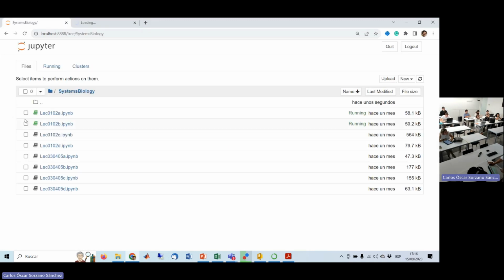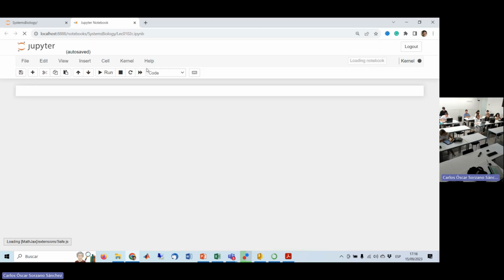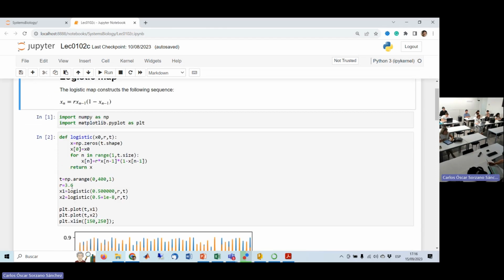What is the R? R is a constant that you choose. Here we have a logistic equation, and this is the code to implement it.